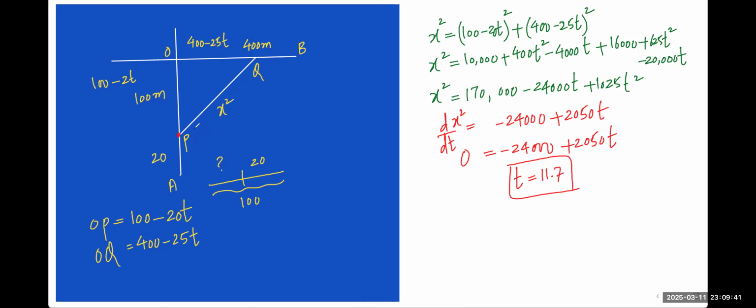Here, 20 meters per second speed to cover 100 meters: how much time? 5 seconds. This one is taking 16 seconds. So which goes first? The car will go first, because for 20 meters per second to cover 100 meters, 5 seconds are required. This is 25 to cover 400, 16 seconds. So the car will go first. This is the fourth bit answer.